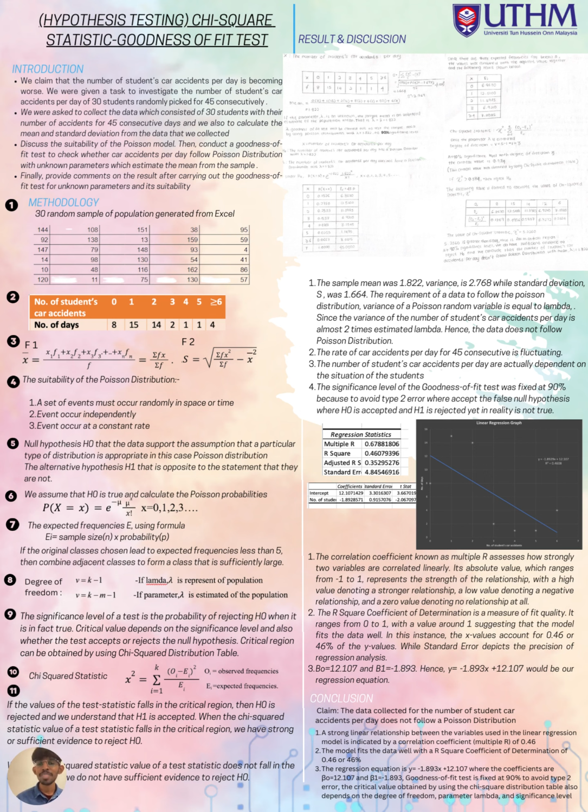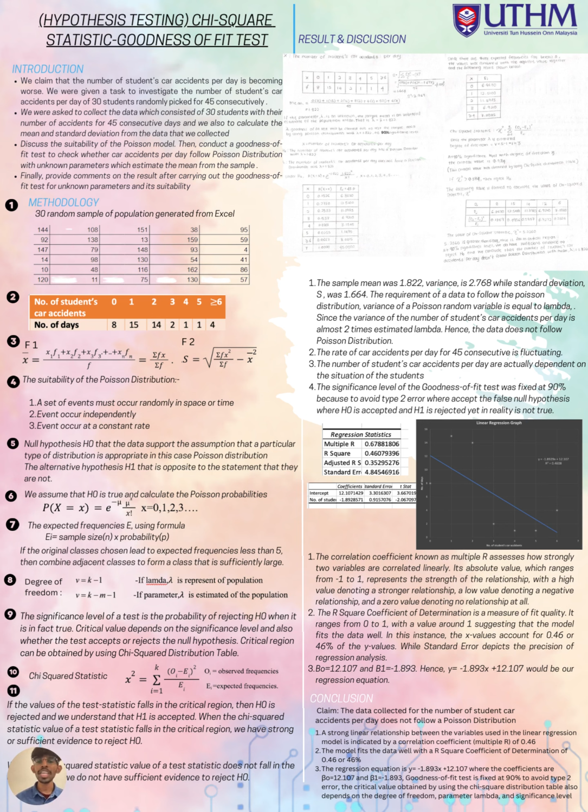For example, if a student has had a previous accident, they may not be likely to have another accident in the future. This means that the number of accidents one day may depend on the number of accidents on the previous day, which will violate the independence assumption of the Poisson distribution.